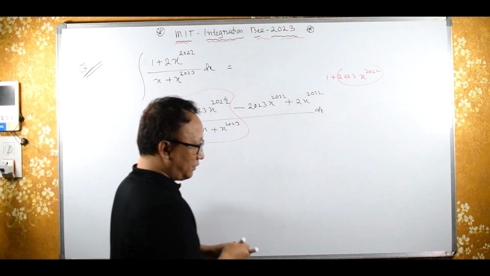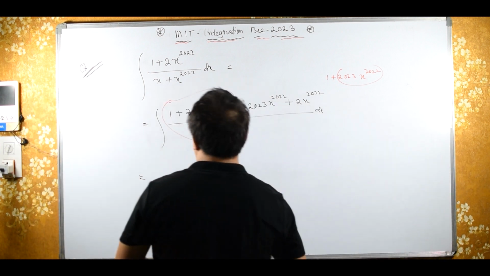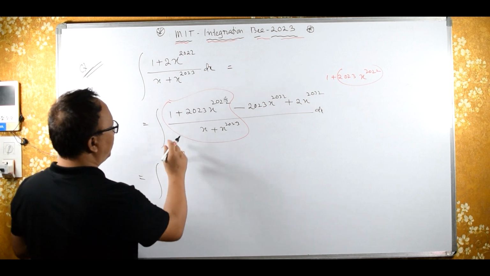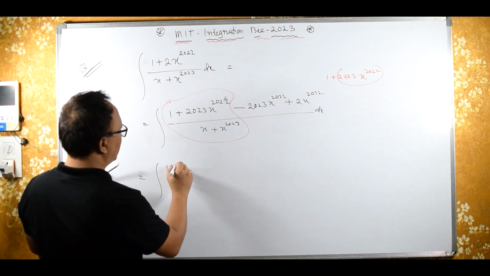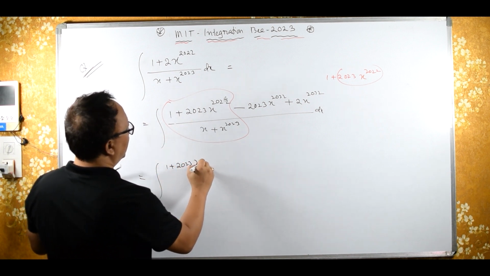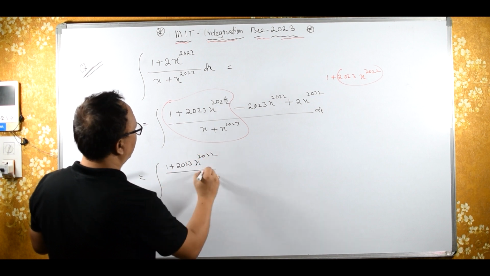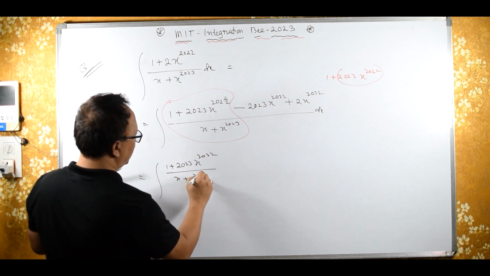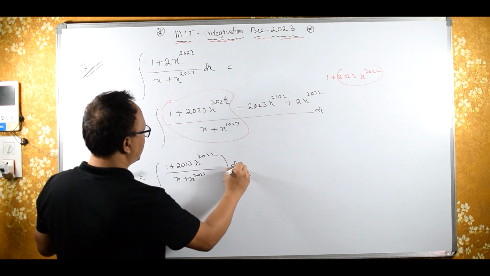So therefore the integral of this upon 1 plus 2023 x raised to 2022 upon x plus x raised to 2023 dx.